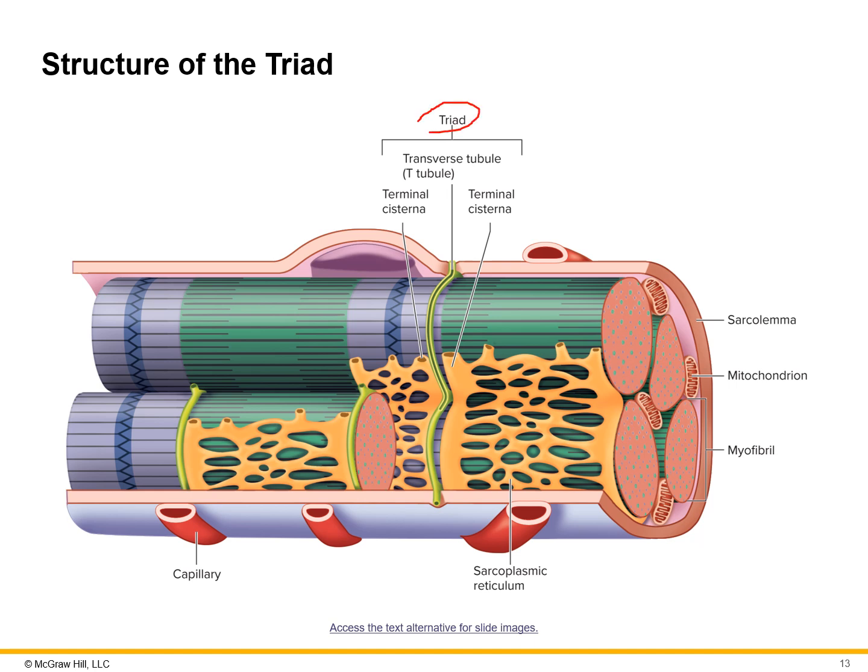In this triad, the transverse tubule, shown in green, literally traverses the entire muscle fiber, and the terminal cisternae are on each side of it. Those come together to make up the triad.